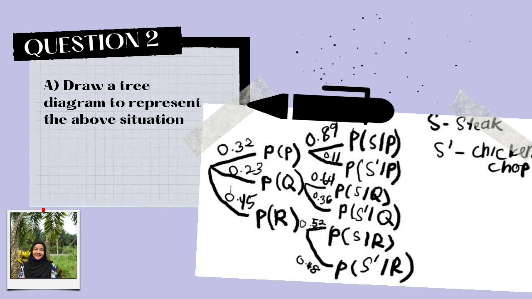At restaurant Q they are 0.64 and 0.36 respectively. And lastly, at restaurant R they are 0.52 and 0.48 respectively.